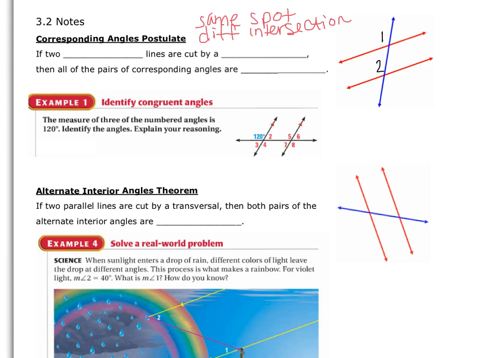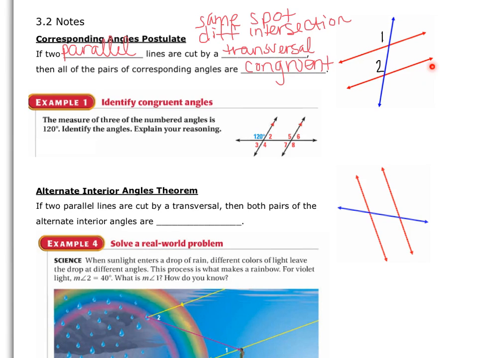So now what happens is if you have two parallel lines, then if they're being cut by a transversal, you know that all the pairs of corresponding angles are congruent. So now you have to specifically know that the lines are parallel.